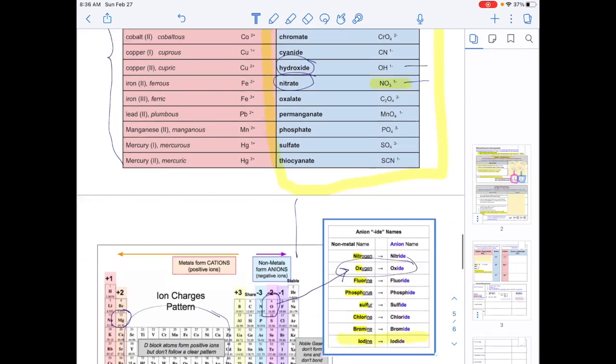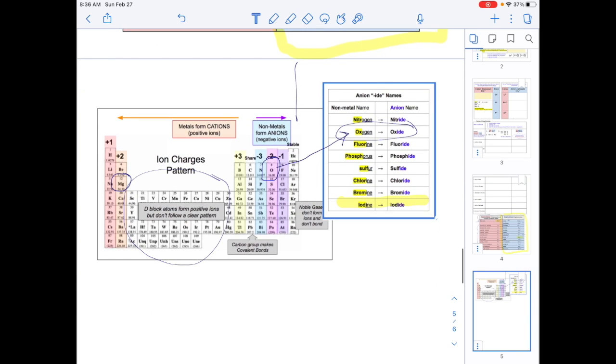So calcium, I need to use the periodic table. Let's get rid of some of this. So I see calcium is, since it's positive, I'm looking in the +1, +2, +3 columns. And here it is, calcium, so it's +2. And then I'm going to look for hydroxide.